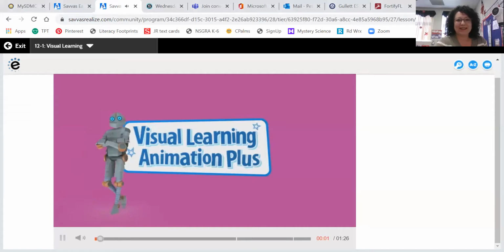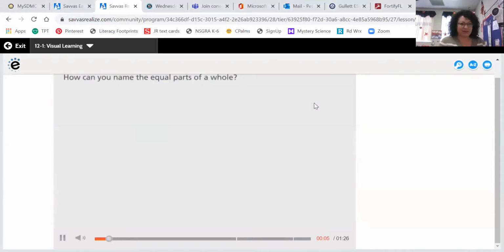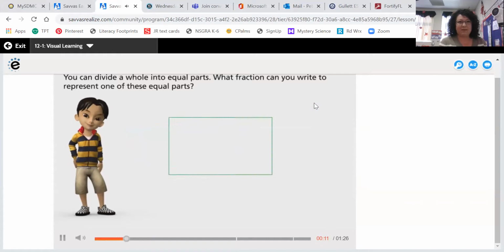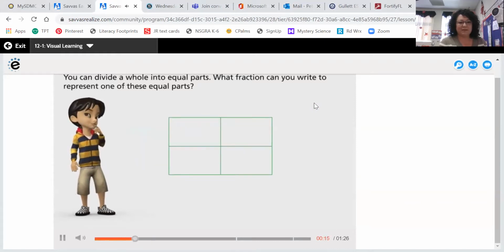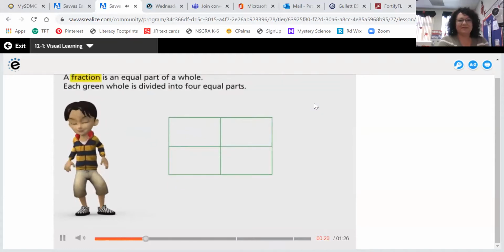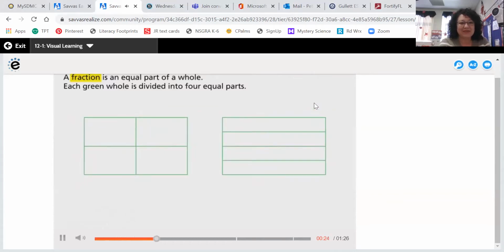Here we go. How can you name the equal parts of a whole? You can divide a whole into equal parts. What fraction can you write to represent one of these equal parts? A fraction is an equal part of a whole. We just learned that. Each green whole is divided into 4 equal parts.